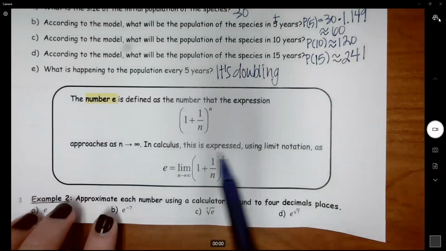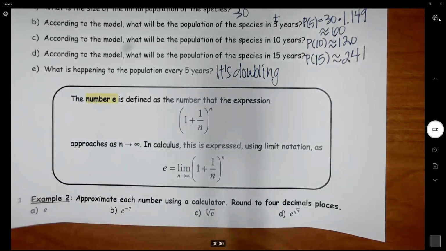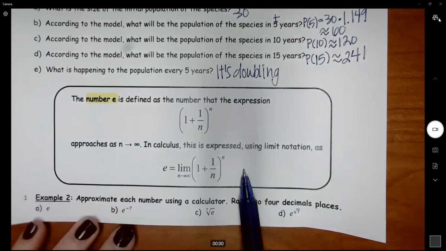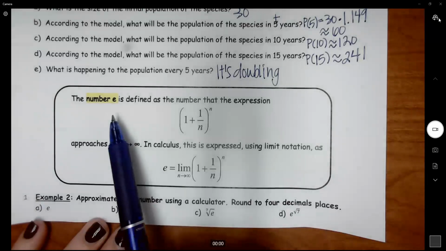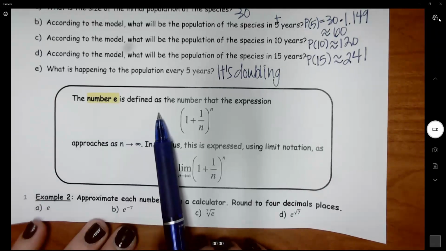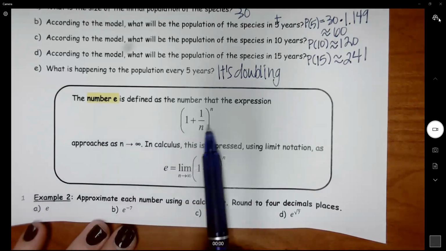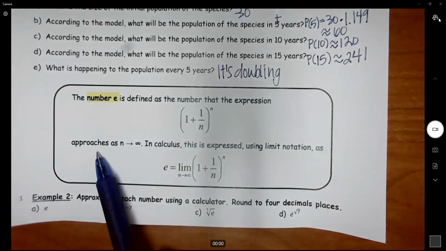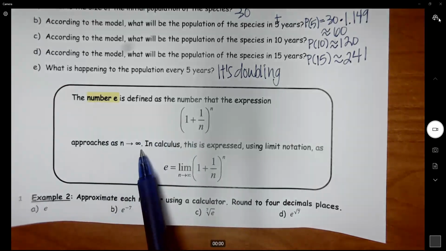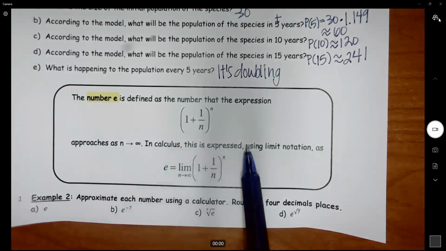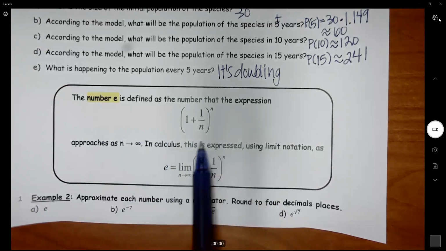And so here's your definition of what the number e is. I only really put this in your notes because it's one of your homework questions. It says the number e is defined as the number that this expression right here approaches as n goes to infinity. In calculus, it is expressed using limit notation as this right here.